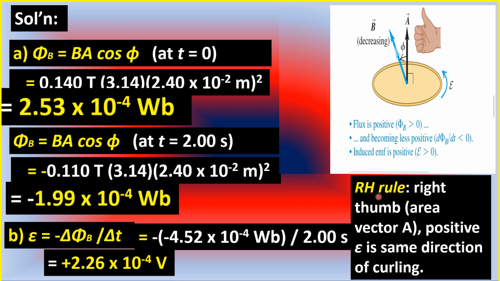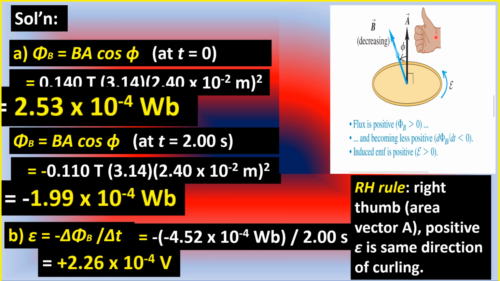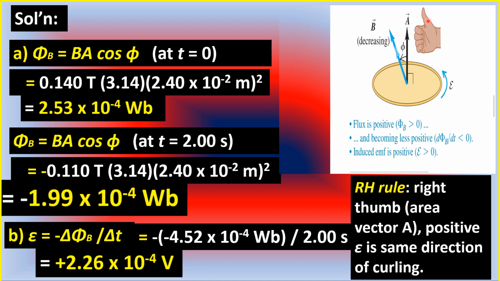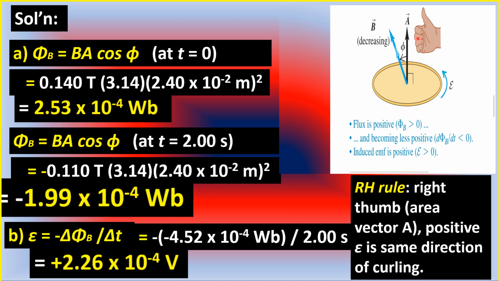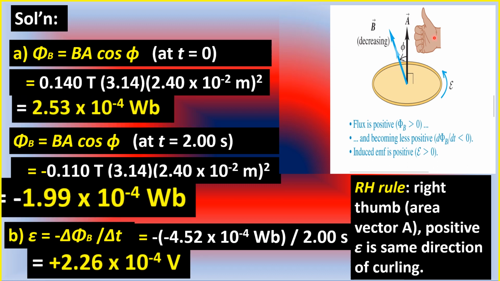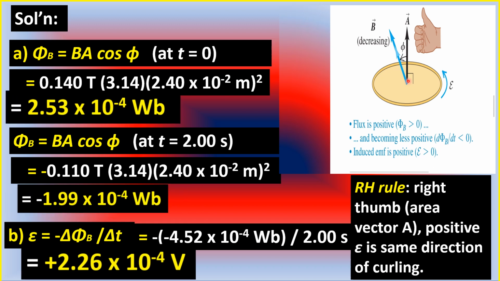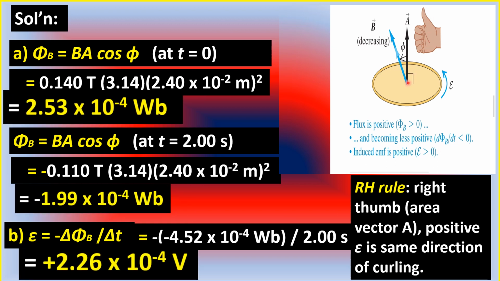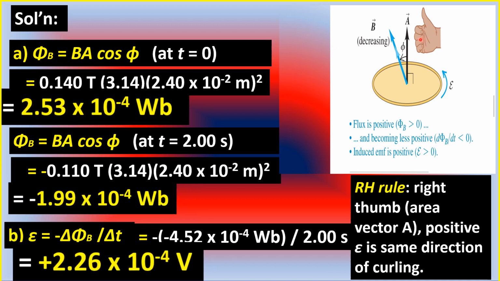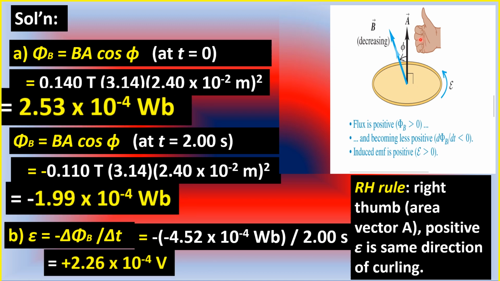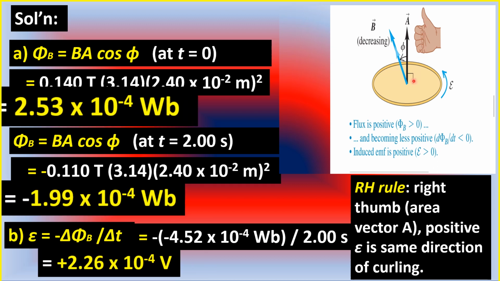According to the right-hand rule, the thumb of our right hand represents the area vector A. You have to position your right hand such that your thumb is pointing towards the area vector A, which in the x, y, z coordinates is directed to the positive z-axis.